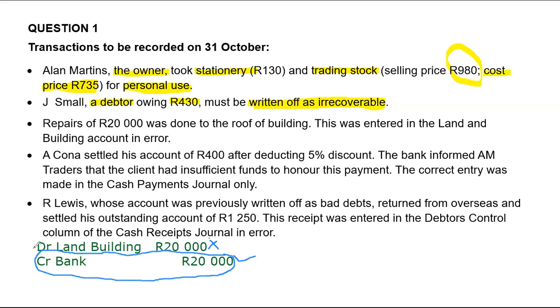The only one that we need to correct is this one over here. The one in green must be corrected because it is wrong. And the fact that it's wrong and it was debited to correct it, we just credit it. So I don't know what I'm going to debit, but I know that I'm going to credit land and buildings.